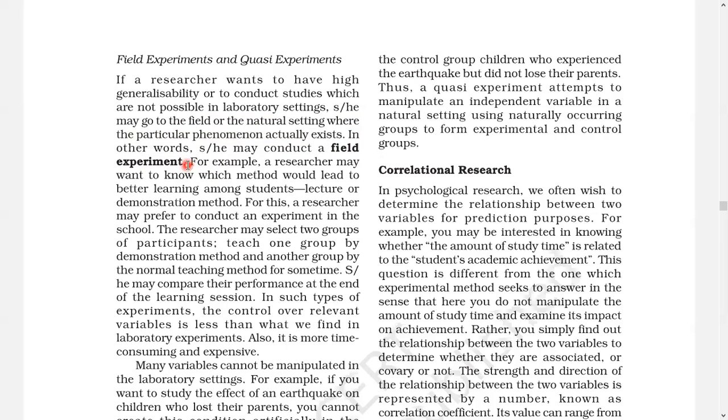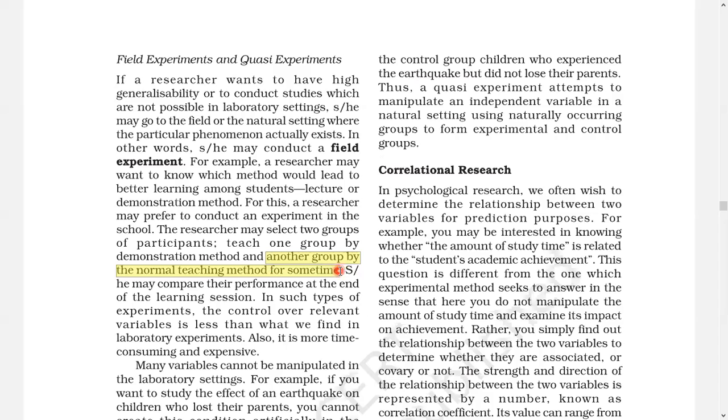For example, a researcher may want to know which method would lead to better learning among the students, like the lecture or the demonstration method. For this, a researcher may prefer to conduct an experiment in the school. The researcher may select two groups, an experimental group and a control group, teach one group by the demonstration method and another group by the normal teaching method.